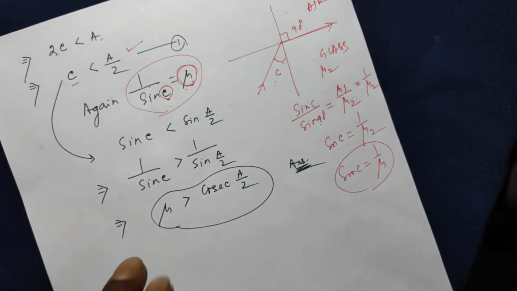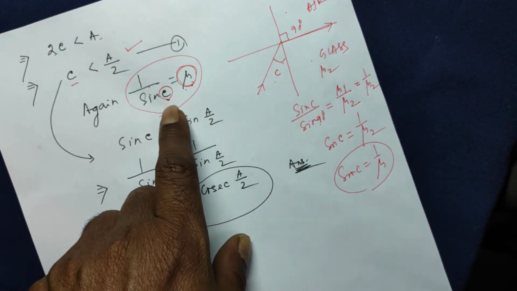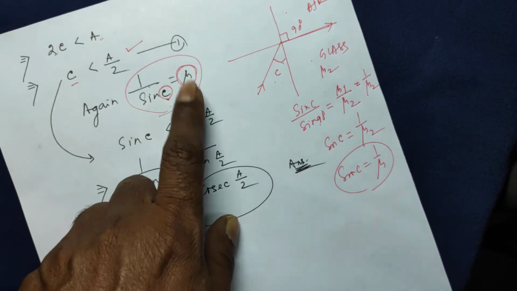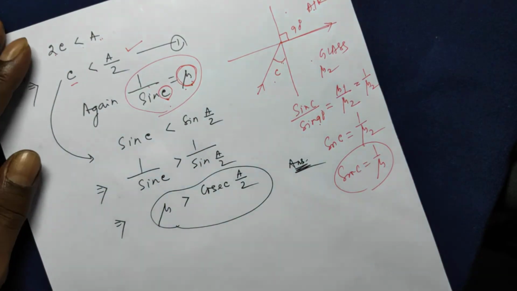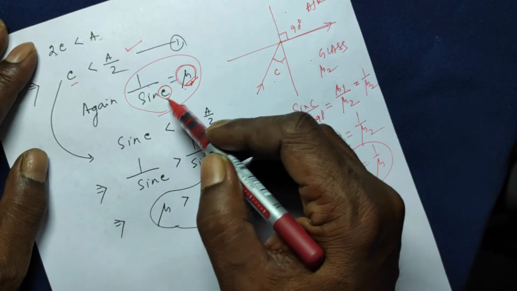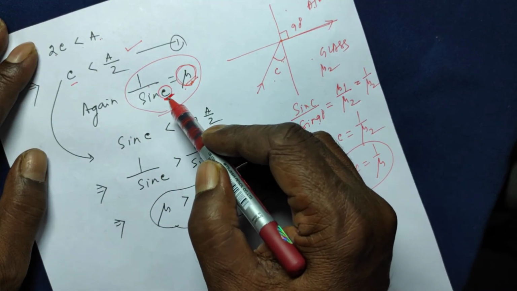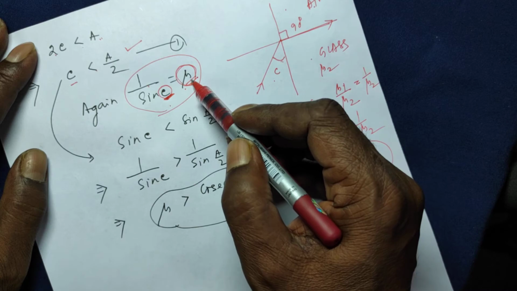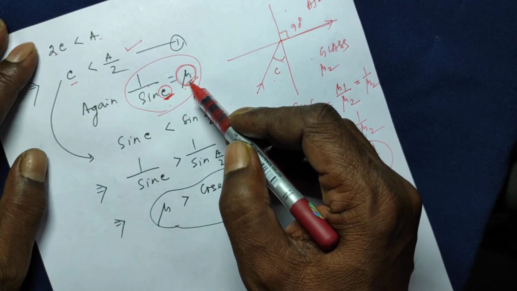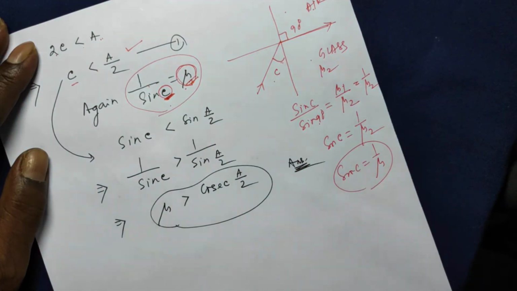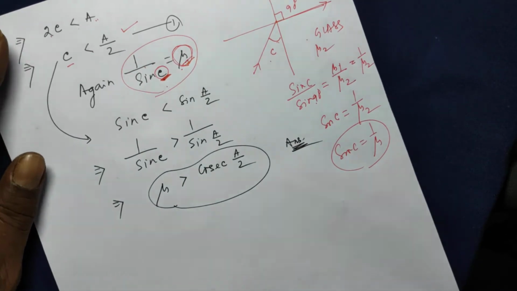That is what you have to remember. I have to explain it once more here. When you write 1 by sine C is equal to mu, mu of which medium and C is in which medium? C has to be in the denser medium in that case, and mu is the refractive index of that denser medium with respect to the other medium. That is what you have to understand.